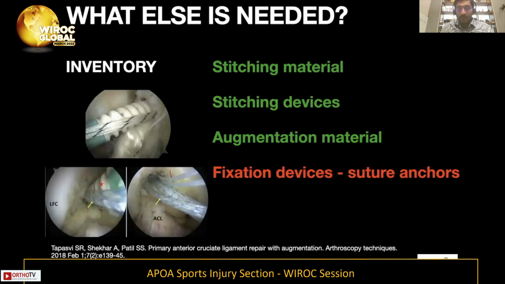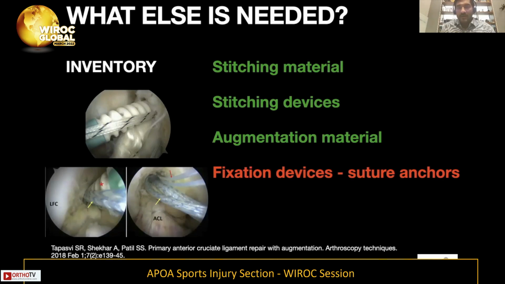Lastly, for all the reports, all the papers that have been published for primary ACL repair, we've seen the authors use fixation devices, suture anchors, which probably may not be present in a standard ACL reconstruction case in the OR, probably present during shoulder arthroscopy cases or at a big institution where they have a huge inventory log.